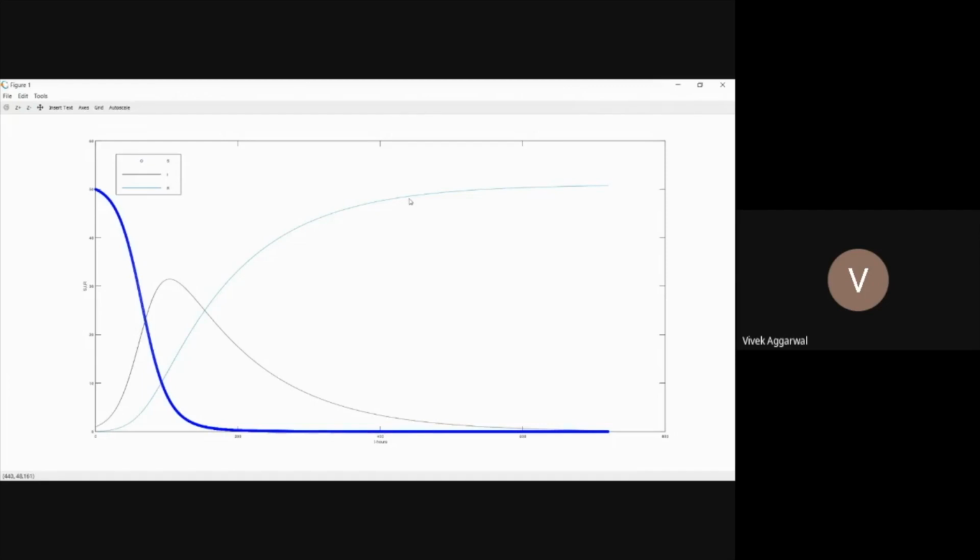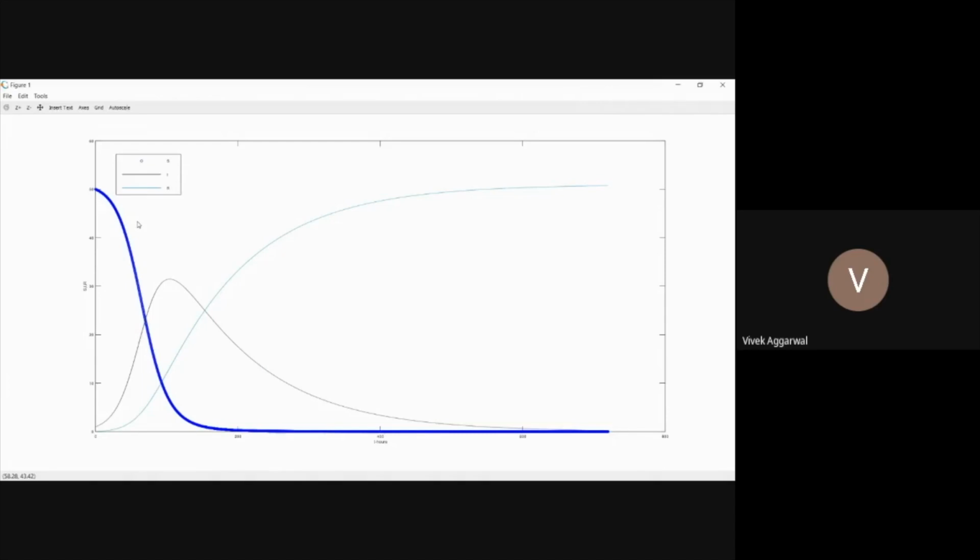So after that everyone recovered. And if everyone has recovered, it means the susceptible and infected become almost zero. So these are all the three figures we can have from here, and based on this one, we can say that this SIR model is working fine in this case.